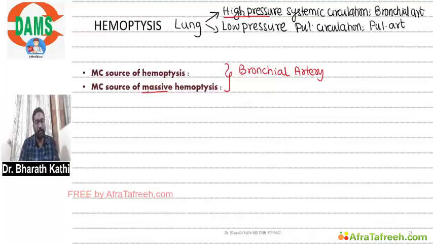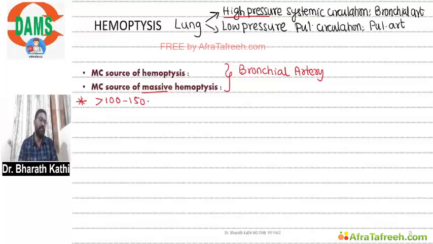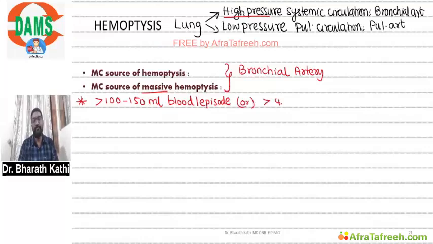Then what is meant by massive hemoptysis? When do you call it massive hemoptysis? Again, there is a controversy in this definition. A few books say it is 100 ml and a few say it is 150 ml. It is always safe to mention more than 100 to 150 ml of blood per episode, or more than 400 to 600 ml of blood per day.